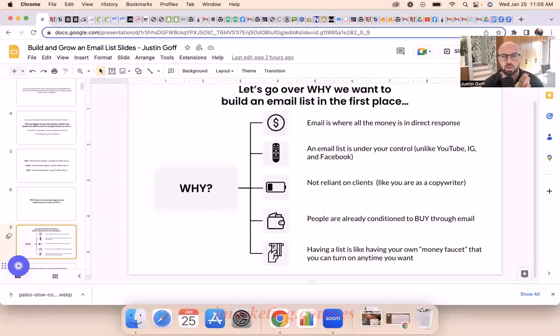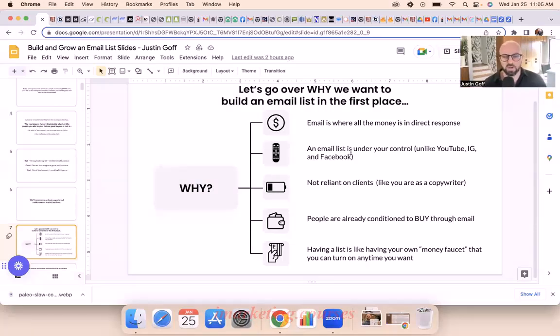If email literally disappeared tomorrow, the large majority of direct response and e-com businesses would probably go out of business, because that's where they make all their money. They don't really make money running ads from YouTube to the offer. They tend to break even there. The money is really made on the back end through the email list.